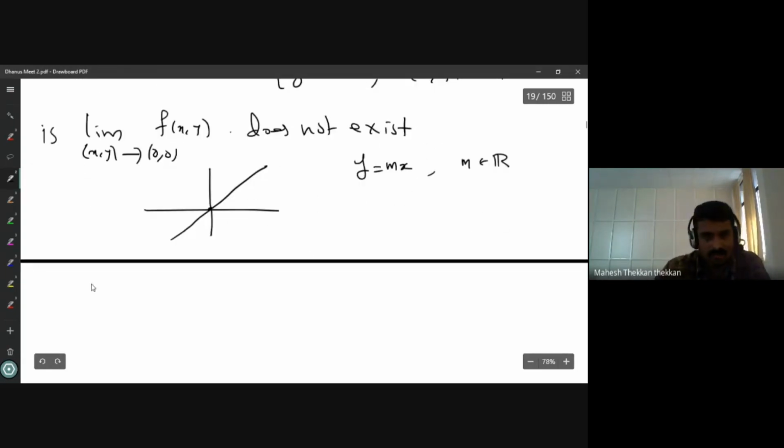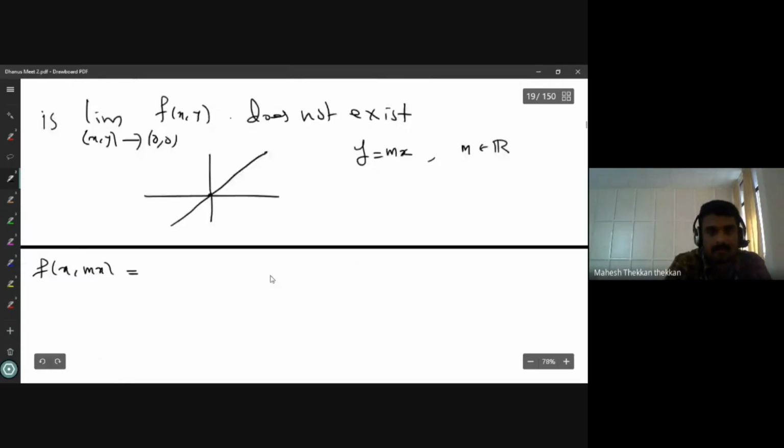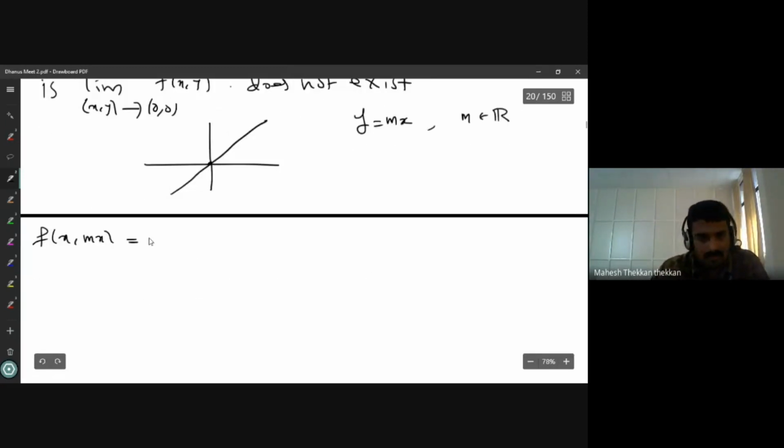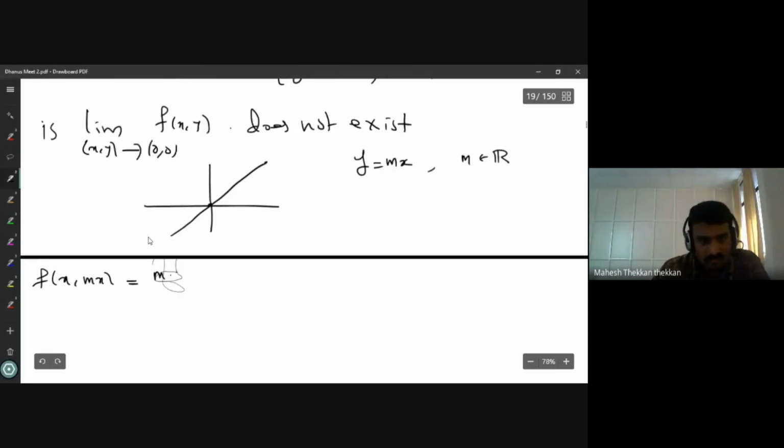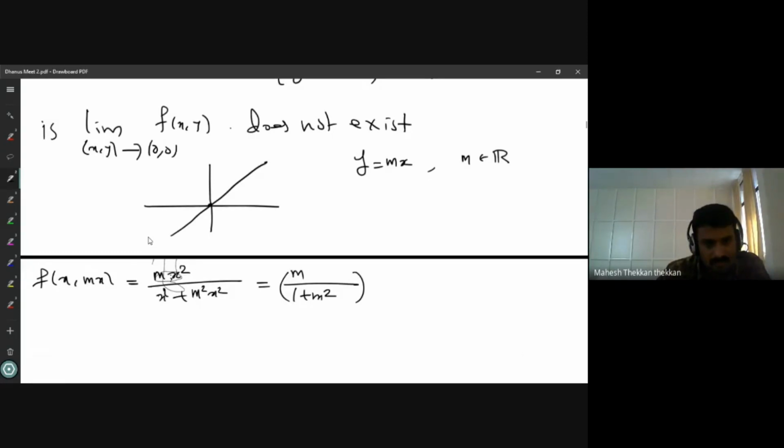So f of x comma mx is nothing but mx square divided by x square plus m square x square. That will give m by 1 plus m square, as both x square you can take out from the numerator and denominator, and that will cancel.